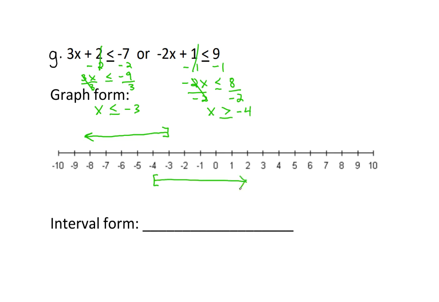Well, if I put these two together and put them both on the line, then they're going to overlap. One goes to the left forever and one goes to the right forever. So that would be from negative infinity to positive infinity, and that would be our interval, negative infinity to positive infinity.